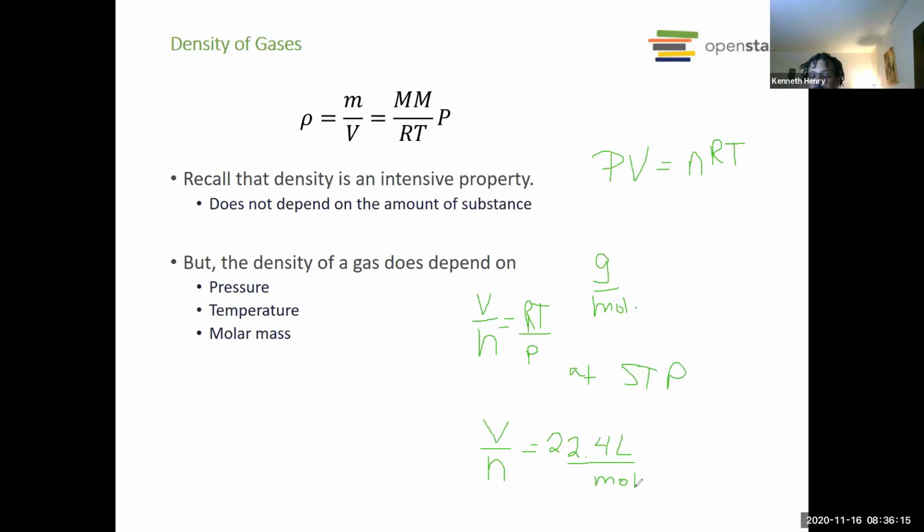So if they give you a question that has STP and they say calculate the volume, all you need to do is multiply it by the number of moles that you're looking at, and then you already have your answer, 22.4 multiplied by the number of moles. Simple?